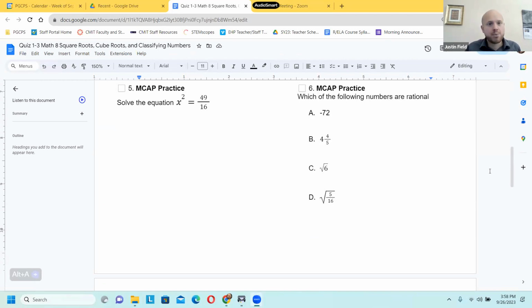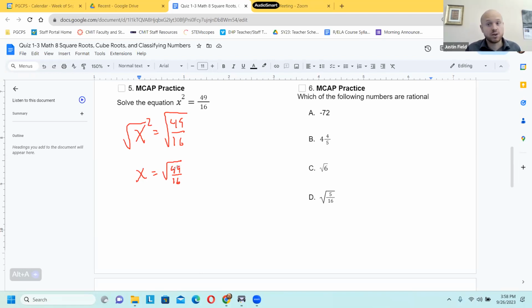Now the MCAP practice questions. So we already solved a square root equation. We're going to solve another square root equation. And if you didn't know the square root of 49 over 16 and you wrote this, then I would at least give you some points, because that is mathematically correct.